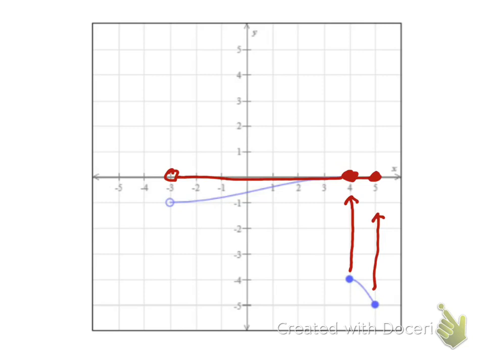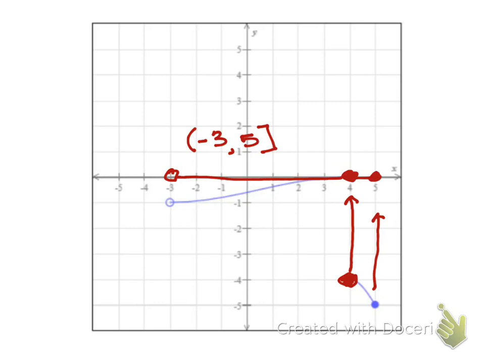So for this, my domain would be -3 all the way to 5, and the 5 has a bracket because it's included over here. We don't need to stop at 4 because this closed circle right here closed it, right? It was open before, but that closed circle closed it.